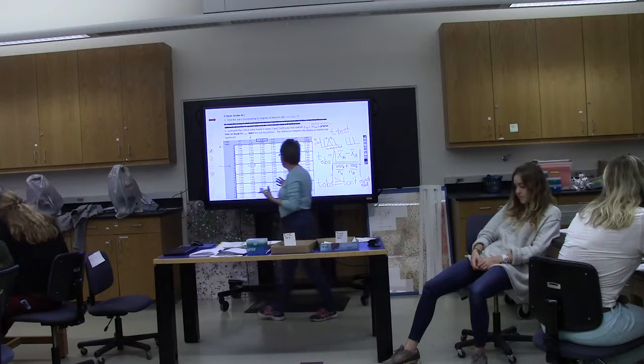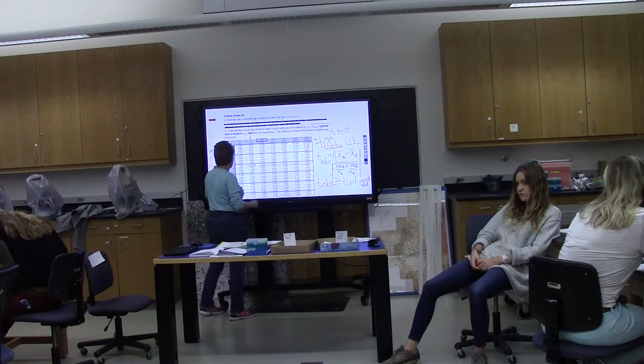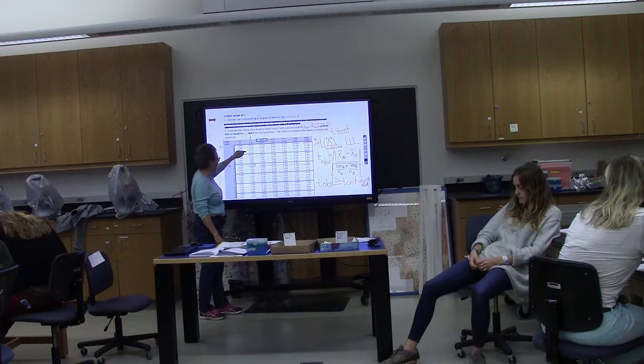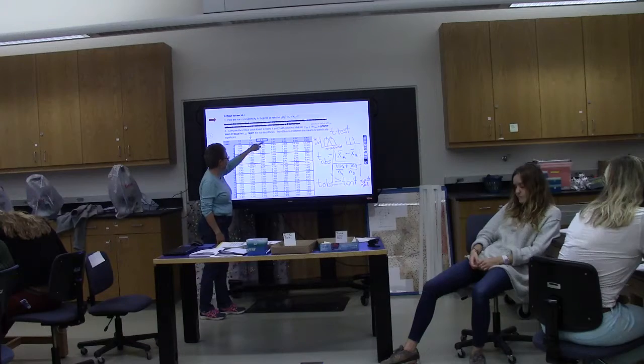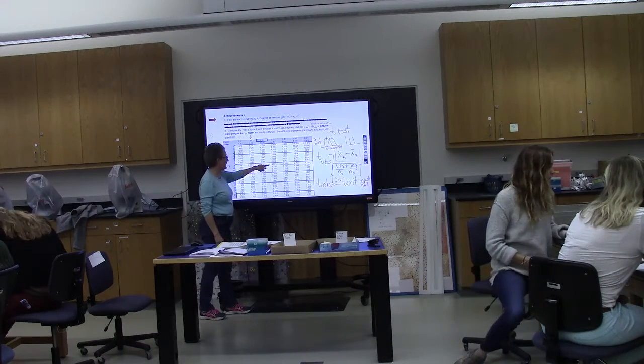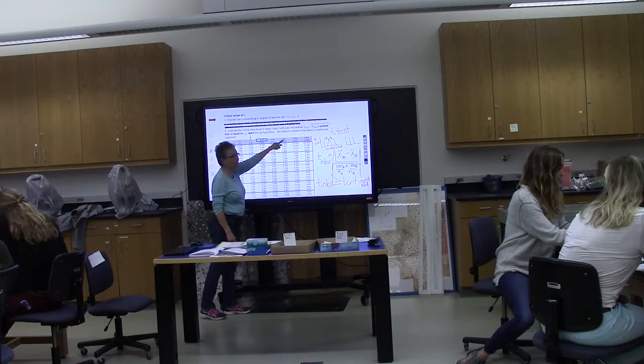Suppose I got a t observed of 3 for my same degrees of freedom. I could say, okay, I can reject the null hypothesis with a probability of 0.05, 0.025, 0.01, but not 0.005.